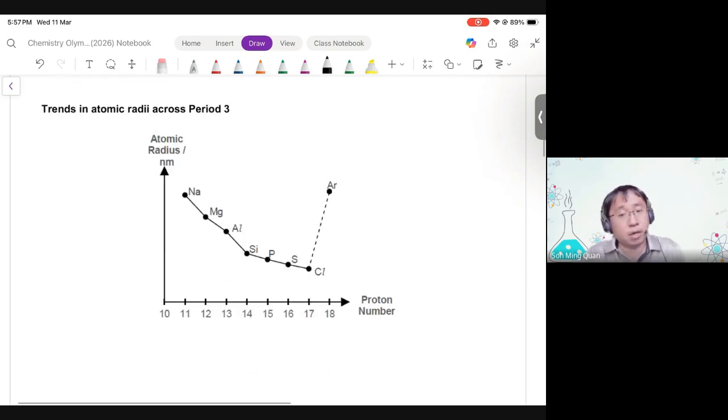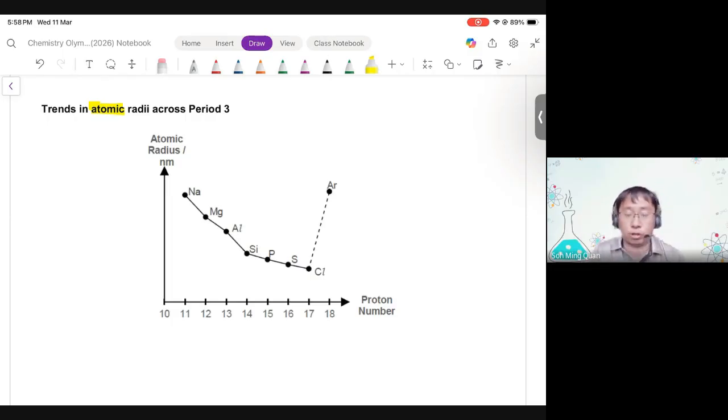Now, after we have understood what atomic radius is, what's more important is to understand the trend in the atomic radius and ionic radius across a period. So let's start with atomic radius. Atomic means what? Atomic means atom. Atom means, has it lost electron?